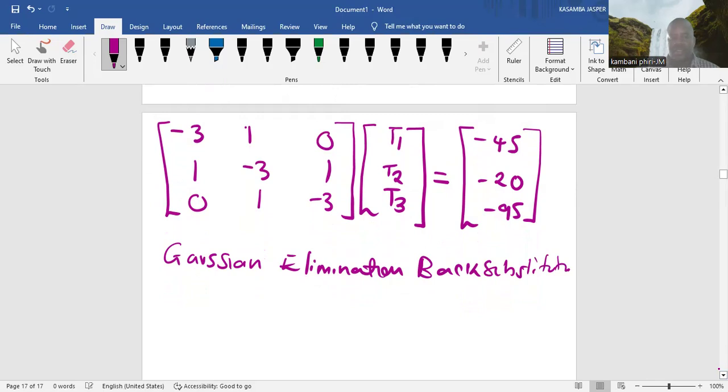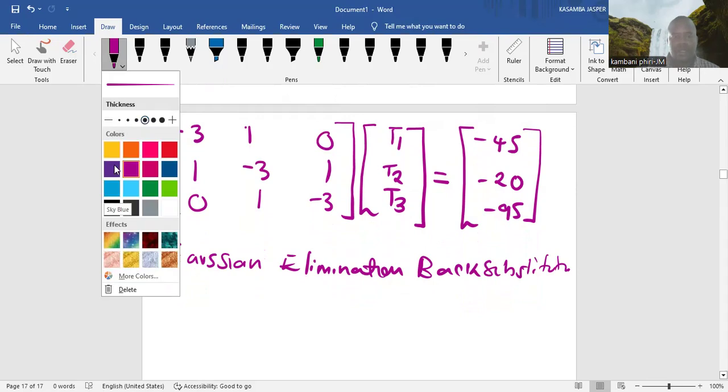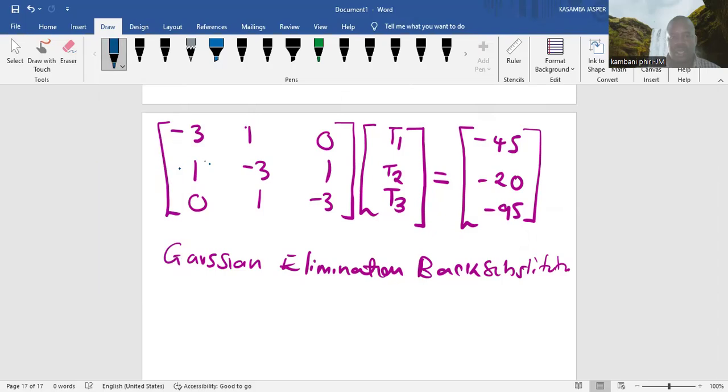So when I use this, what we mean is that we need to produce zeros. I need to have a 0 here. Here it's already there. I need to have a 0 and a 0 there. That's what we want.